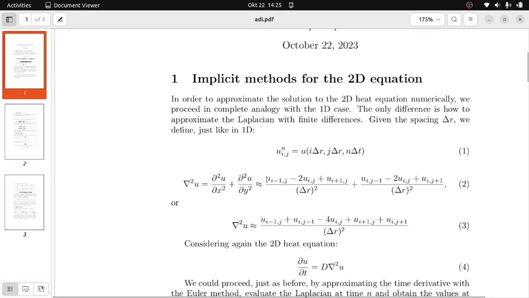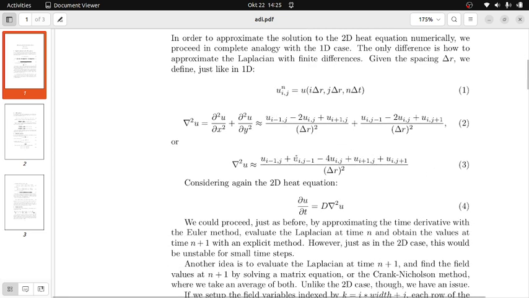We approximate it by u_{i-1,j} minus 2u_ij plus u_{i+1,j}, divided by delta r squared, plus u_{i,j-1} minus 2u_ij plus u_{i,j+1}, divided by delta r squared. If we gobble up everything, we have u_{i-1,j} plus u_{i,j-1} minus 4u_ij plus u_{i+1,j} plus u_{i,j+1}, over delta r squared.